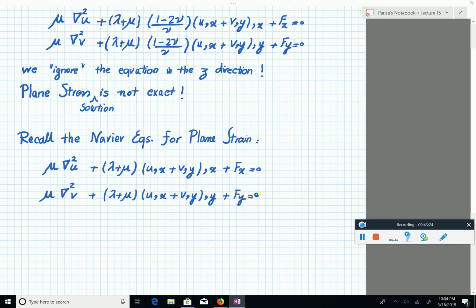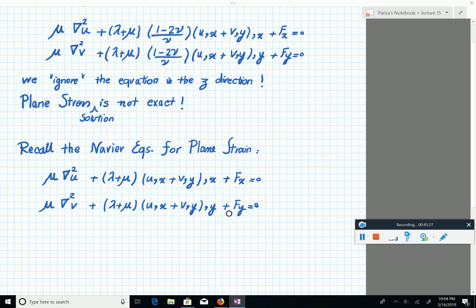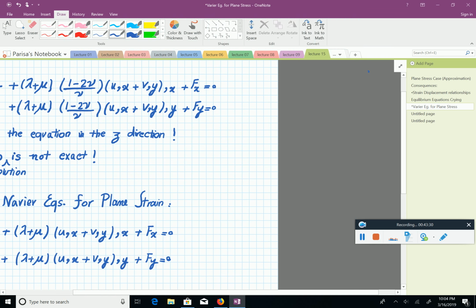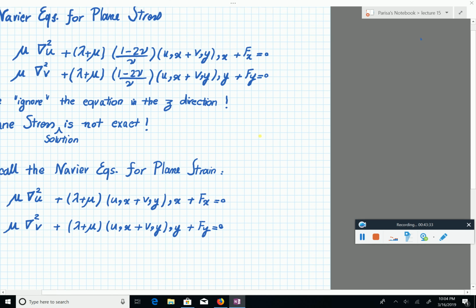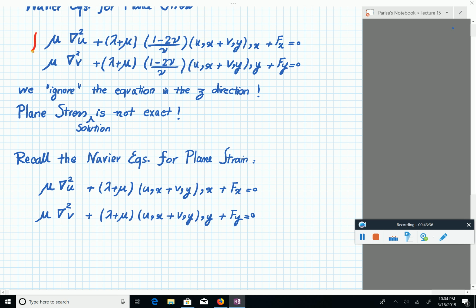If we compare these two sets of equations, one for plane stress, the two that we actually retain, and here plane strain, we see that the forms are very similar, and the only difference is the coefficients.